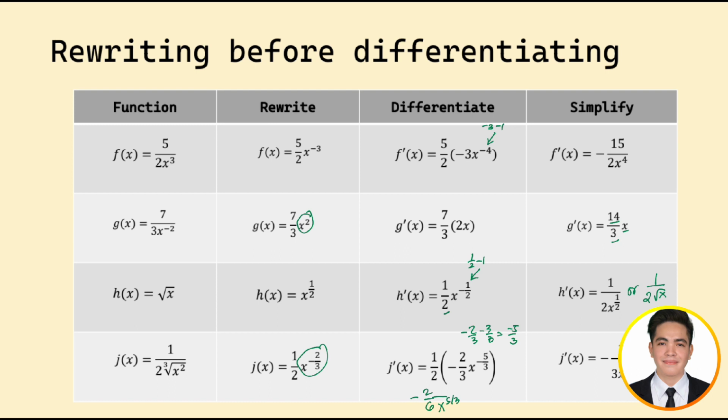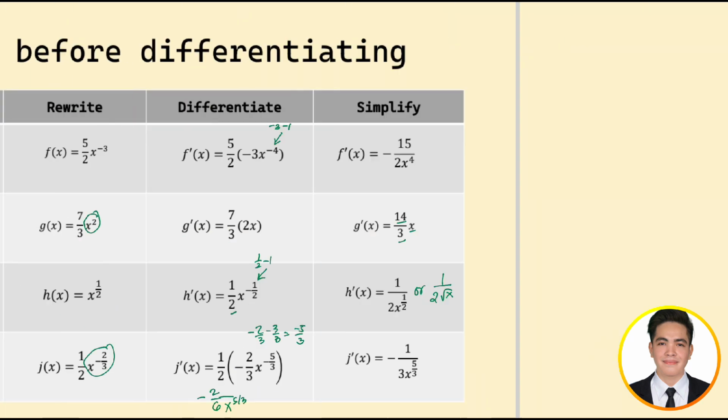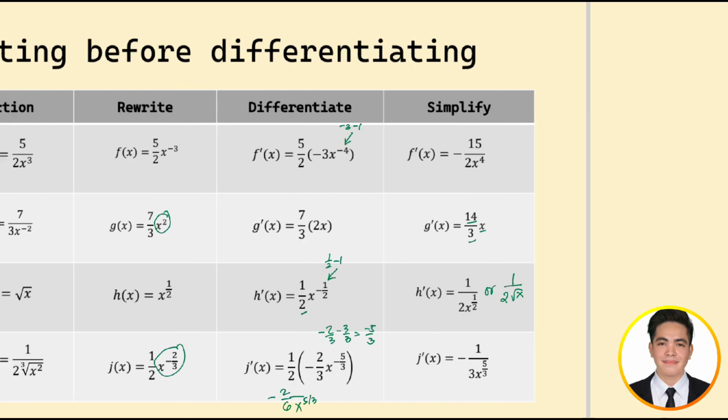I guess we get it right. Yeah, negative 6. Yes, it's correct. And then, let's move forward. I hope na nagigets nyo yon, yung rewriting before differentiating.